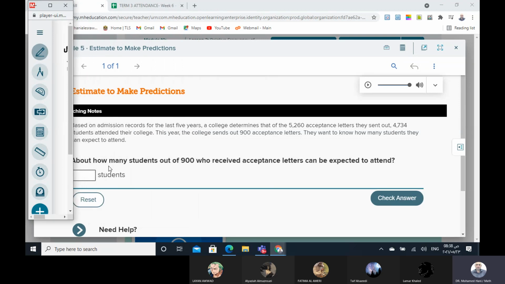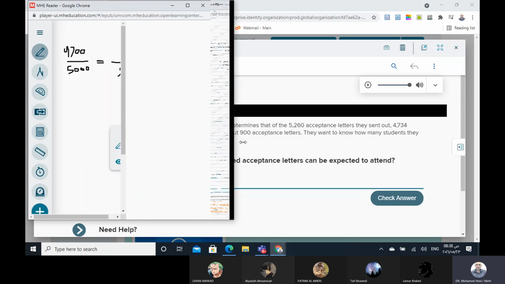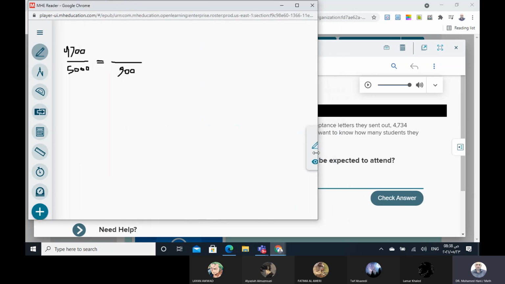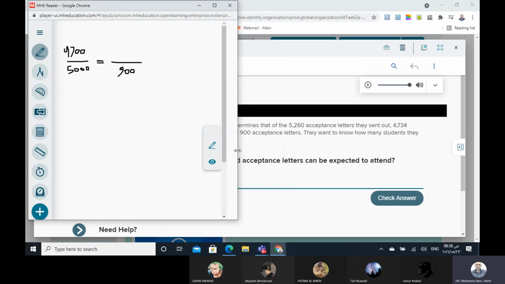Here the question is about how many students out of 900 who received acceptance letters can be expected to attend. So the question does not determine the rounding. So it's up to you. You can choose to round to the nearest hundreds or to the nearest thousands.